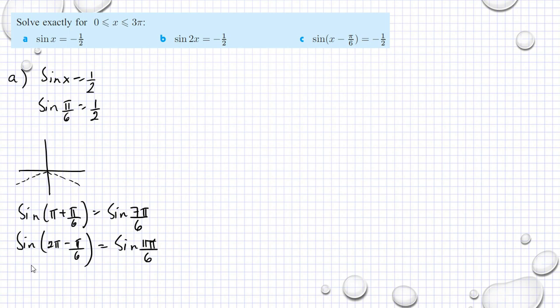So our x here for a, our x now, is 7 pi divided by 6 and 11 pi divided by 6.